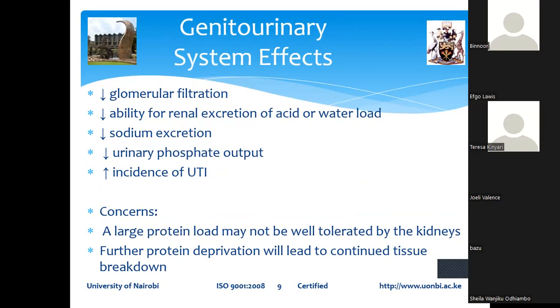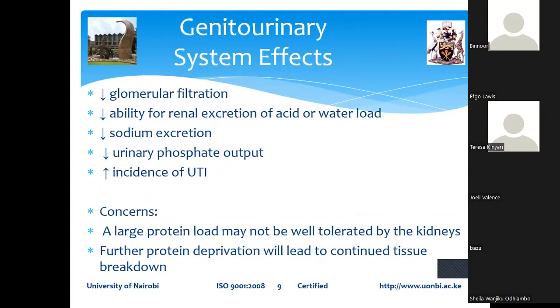The concern here is that a large protein load may not be well tolerated by the kidney. Again, you give small amounts of protein to be able to spare the kidneys. So further protein deprivation will lead to continued tissue breakdown.